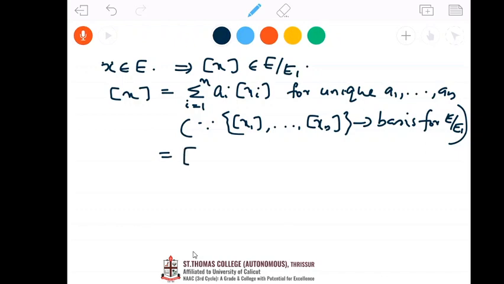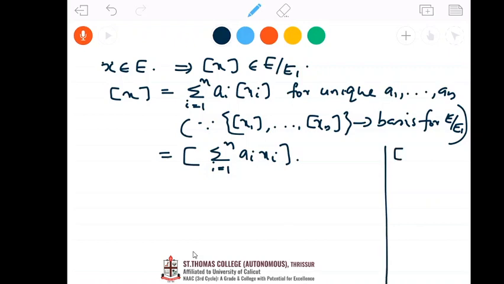It is the same as class of summation i equal to 1 to n ai xi. And this says that class of x and class of summation i equal to 1 to n ai xi are the same.